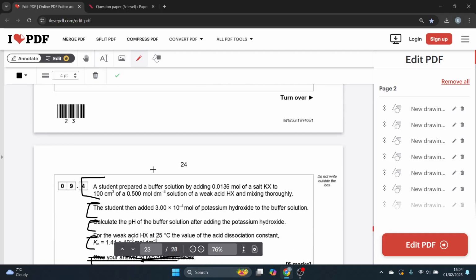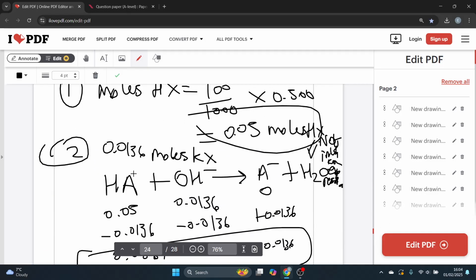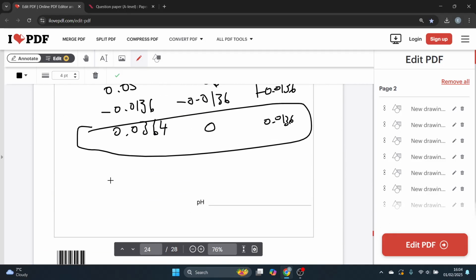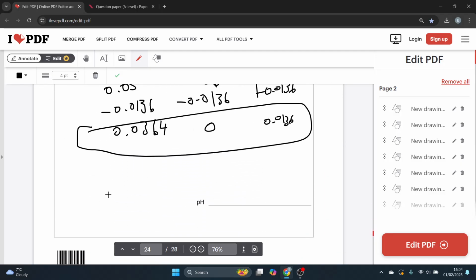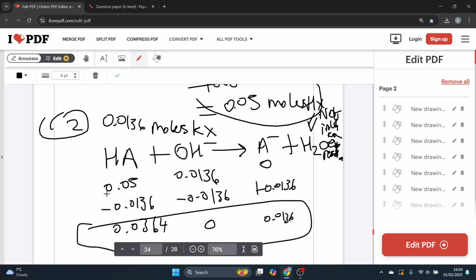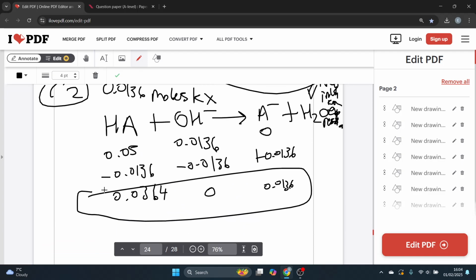Then I added potassium hydroxide solution, so it's going to be what was it again? This is a specific equation that I had in my school workbook, so I'm going to have to flip through that.